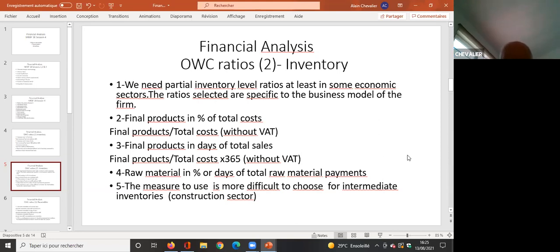And last, and it's not here in that slide, it is the trading activity. I mean, you are a producer, but you want to offer to your customer a larger portfolio of products than the portfolio of products you make by yourself. You are in cosmetics, and you have customers asking for, let's say, 6 or 7 categories of products, and you produce only 3 or 4 of them.